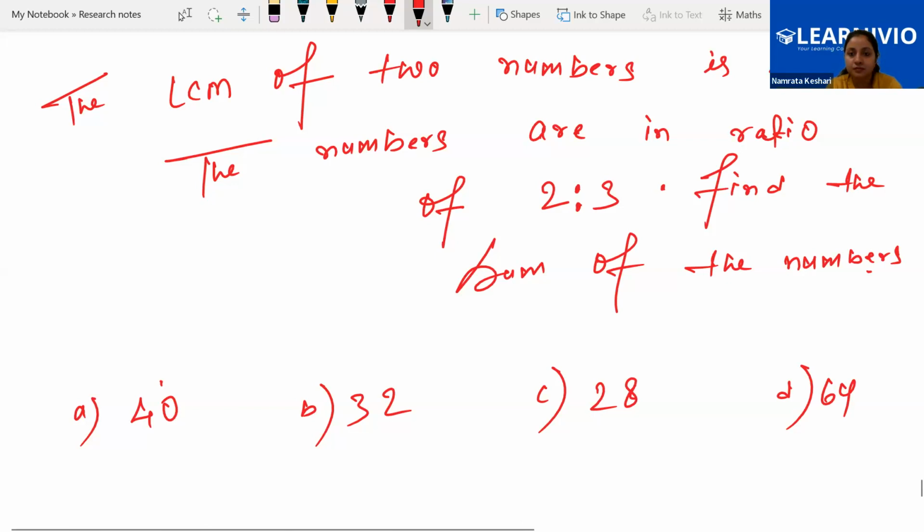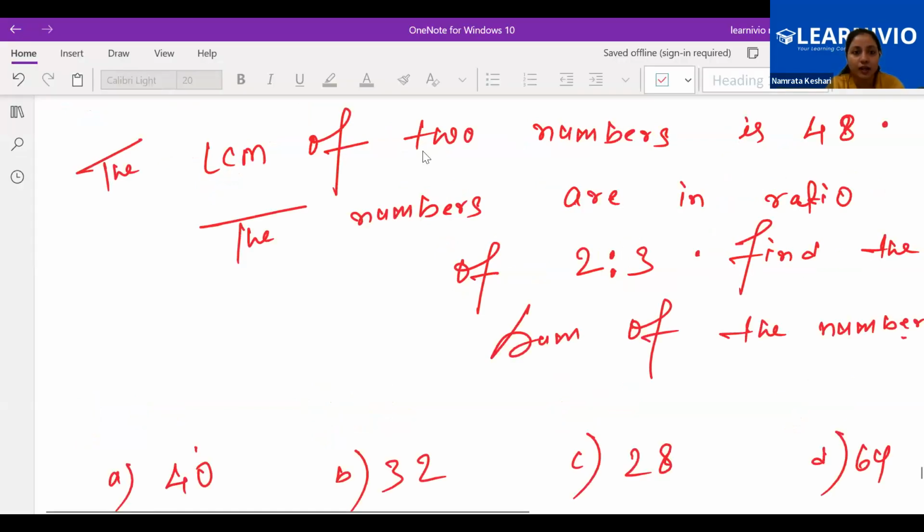Ma'am, option A. Okay, option A you are getting. Who said? Afnan, ma'am. Yes, Afnan, you said. Okay, Afnan, option A. Yes, rest of the students, have you tried it?